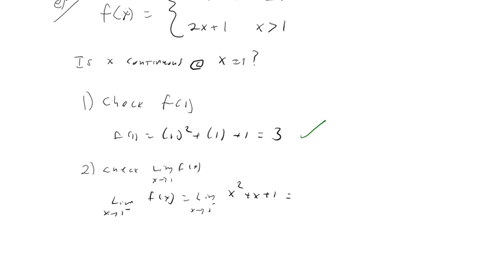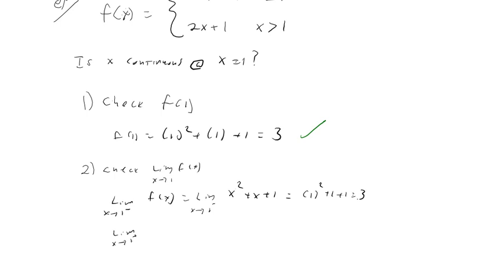So the left side equation, the negative part is the left side, that's the x squared equation. And to find a limit, this is just finding a limit. I chose this equation because it's the left side, but it's a limit like any other. To find a limit, I plug it in. So I'm going to get 1 squared plus 1 plus 1, and that's going to be 3. And that's the limit from the left.